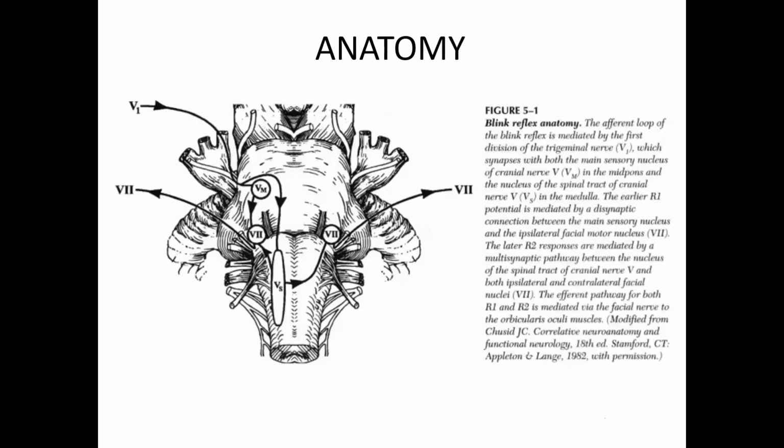Just tell me the anatomy. The V1 supraorbital nerve is stimulated, the first division of the trigeminal nerve, and the response is recorded from the orbicularis oculi muscle bilaterally. Correct. One is the direct response, R1, and the delayed response R2 is from the ipsilateral side, and one is contralateral, from crossing in the medulla.